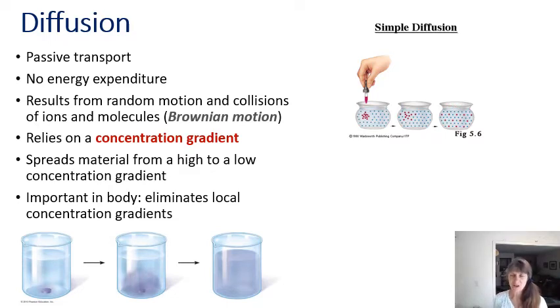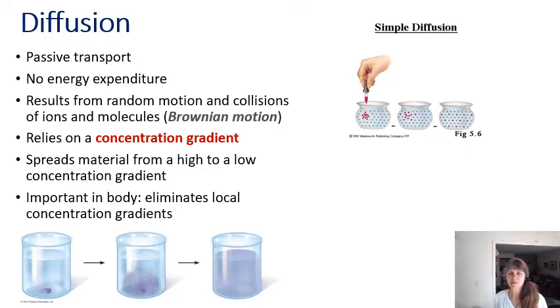It relies on a concentration gradient, so the molecules will spread from areas of high concentration to low concentration until they reach equilibrium. This is important because that helps to eliminate local concentration gradients, unless they are desired, in which case the cell actually has special proteins to maintain those concentration gradients.